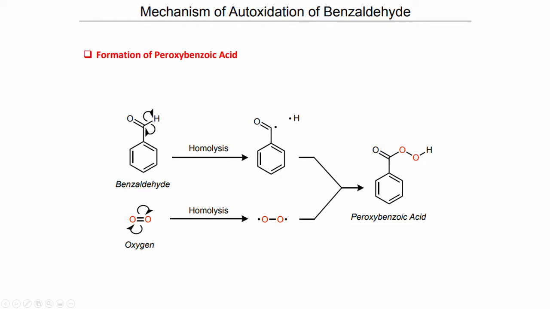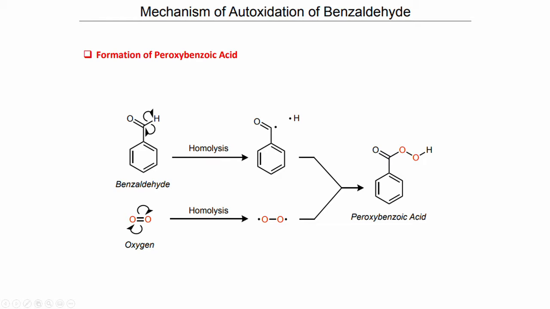I just want to go over the mechanism of how autooxidation occurs with benzaldehyde. It first begins with the homolysis of benzaldehyde and oxygen, where benzaldehyde produces a single radical, and oxygen will be a biradical or a diradical.